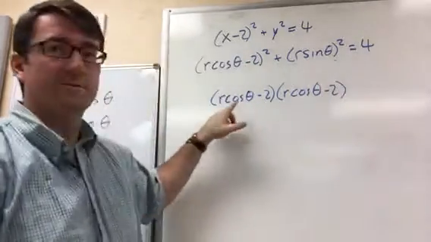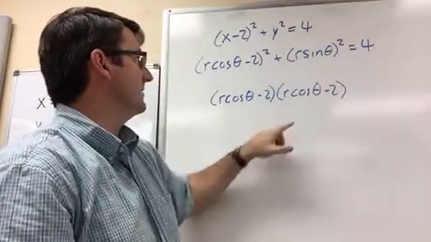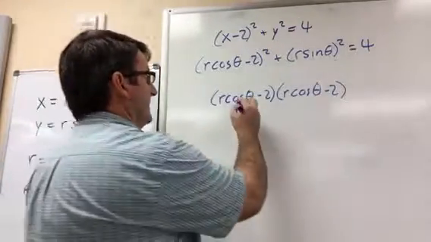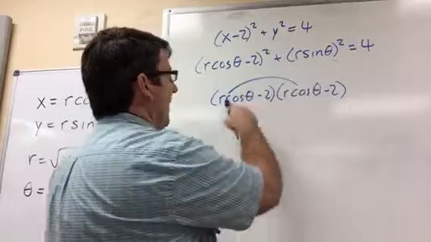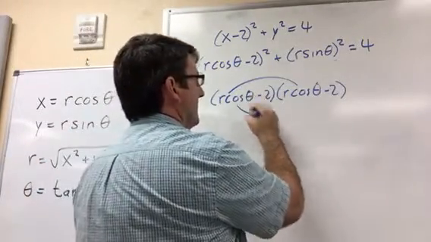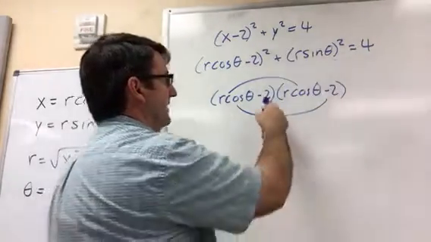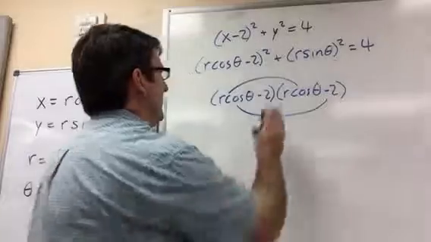So we've got to FOIL this. We're going to do the first terms, then the outside terms, then the inside terms, then the last terms. So we're going to get r squared cosine squared theta minus 2r cosine theta minus 2r cosine theta plus 4.